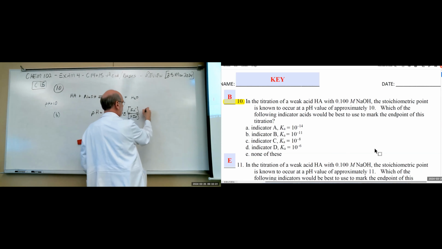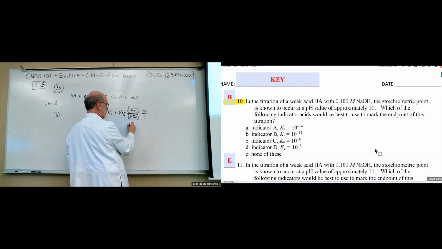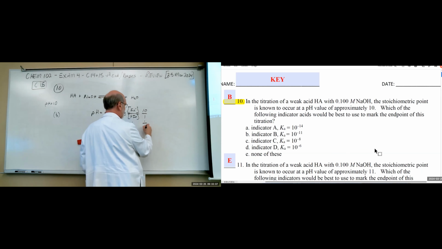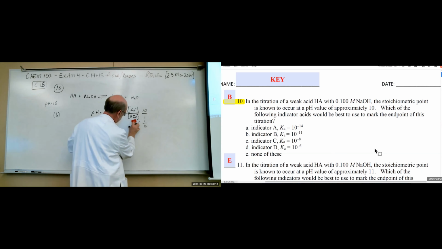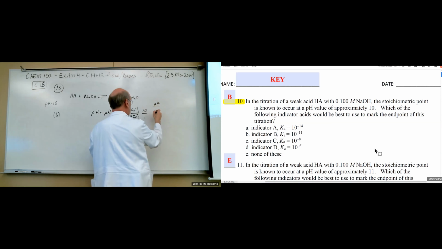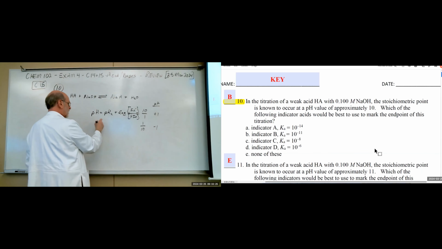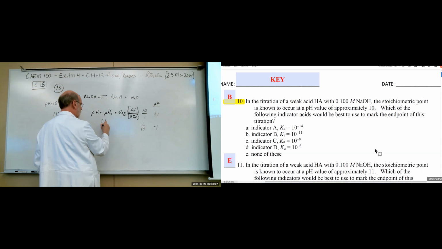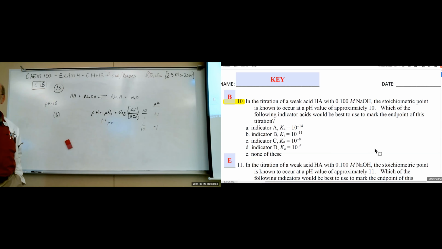Well, if this is 10 to 1, then the pH change is plus 1. If it's 1 to 10, let's see. Do it like this. 10 to 1 would be a plus 1 pH, and 1 to 10 would be a minus 1 pH. So if your pH is within plus or minus 1 pH unit, that's where the color change occurs.